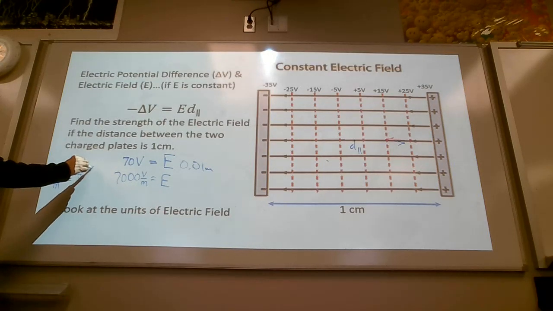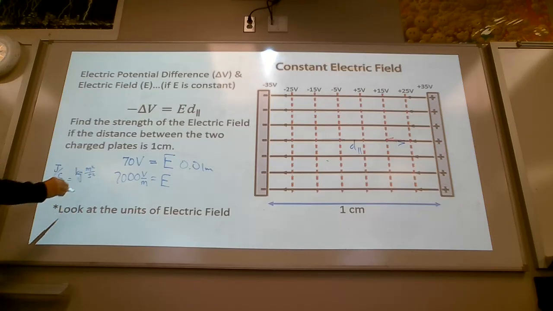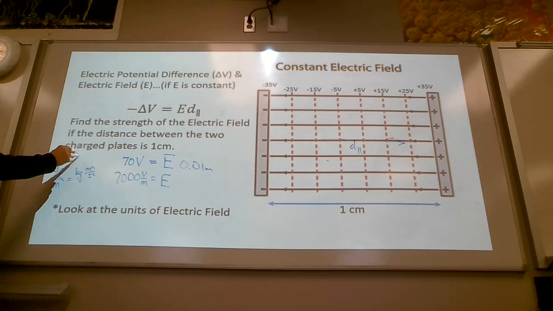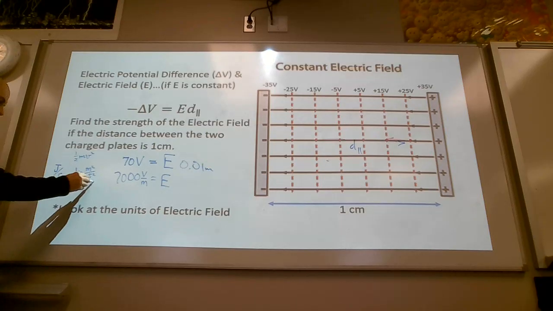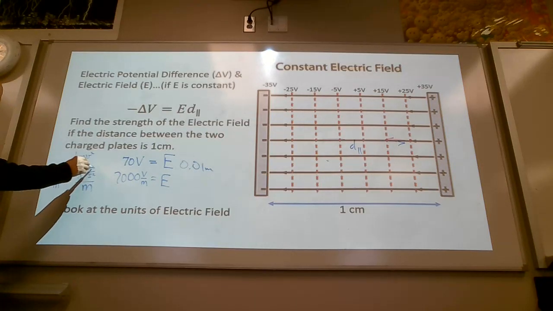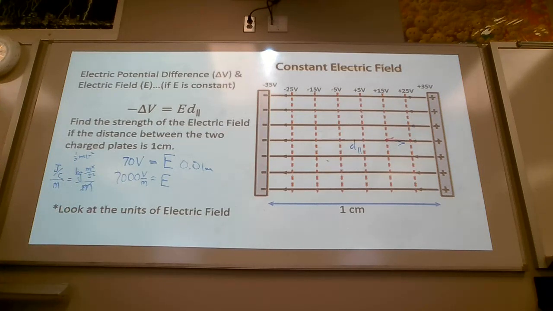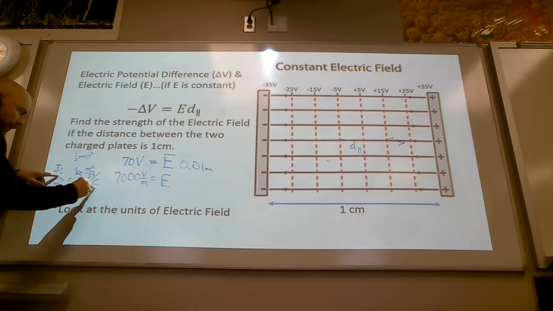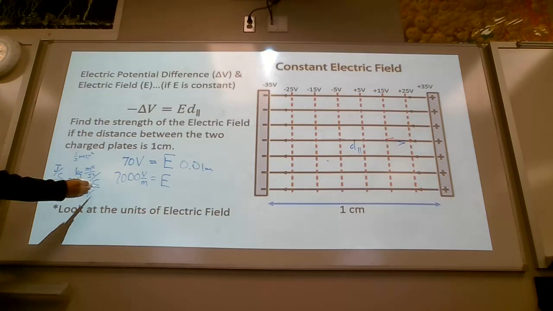Kilograms meters squared over seconds squared, like one half mass times speed squared. Over meters, that knocks out. What's a kilogram meter per second squared? Oh, sorry, forgot something important: per coulomb over meters. That's a newton per coulomb.